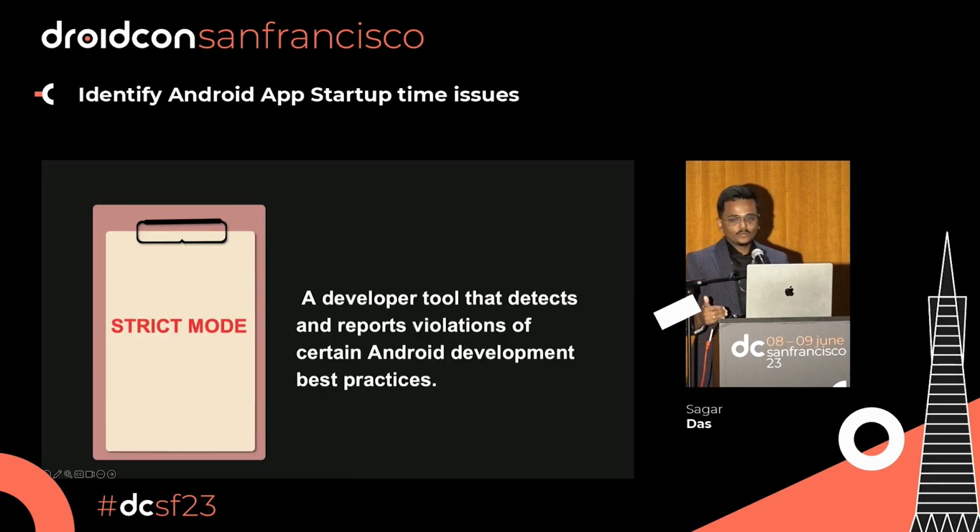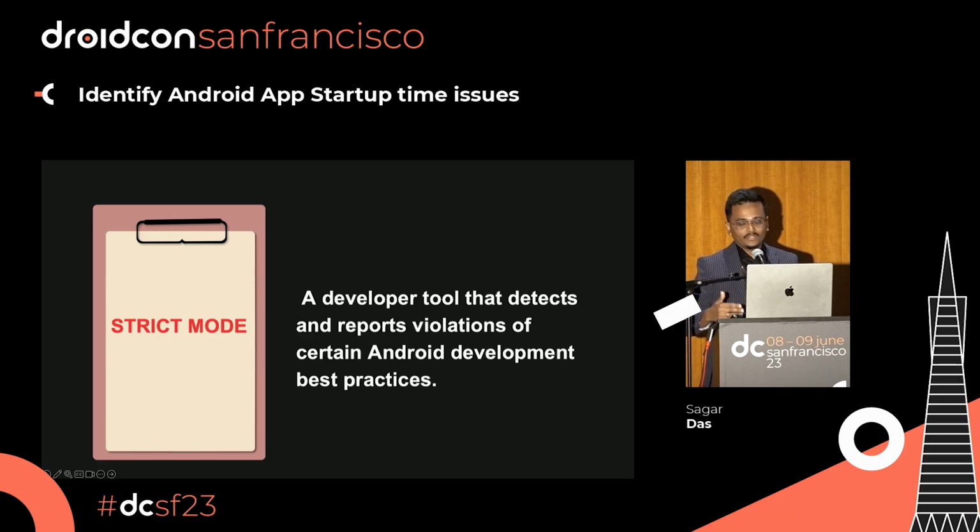Strict mode is an inbuilt developer tool that detects violations of certain Android development best practices. What that means is when Google created the Android SDK, and it's not just Google, any company which creates an SDK for development, they intend you to use their SDK libraries in a certain way.